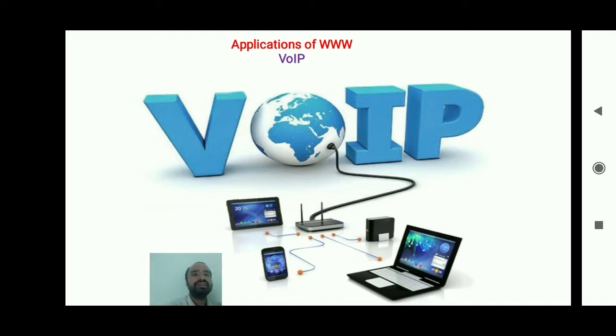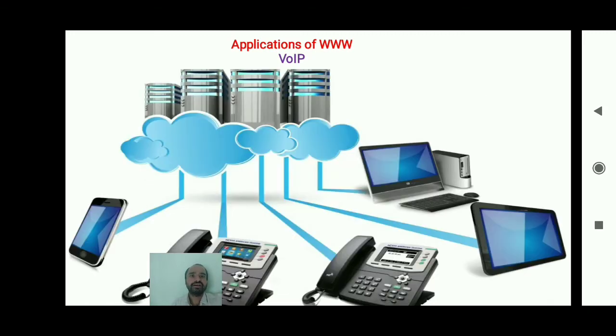There is a network used by broadband or LAN cables, but there is one more option which uses telephone wires or broadband to communicate with the world. See this option. There are central servers, and these servers are connected to your PCs, your mobiles, or your landline phones also. So it comes under VoIP.